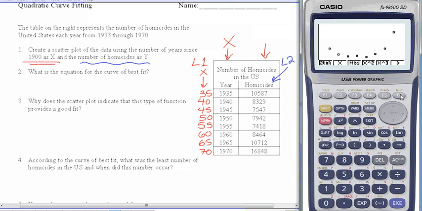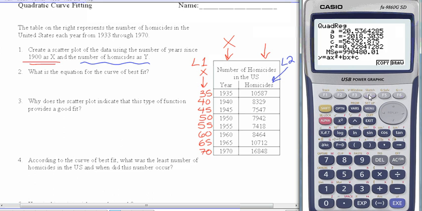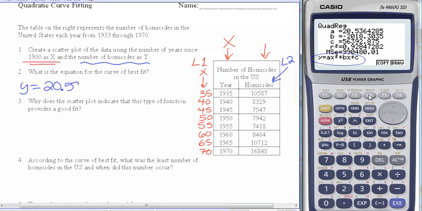So I'll go back to my quadratic, which is x squared. So I hit F4 to get that down. You can see this gives me some information. It gives me A, B, and C that I could fill into my quadratic standard form down here. So I have y equals, I'm going to type in A, 20.5364. I usually give 4 places after the decimal.